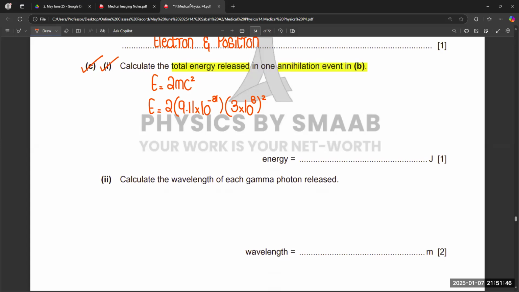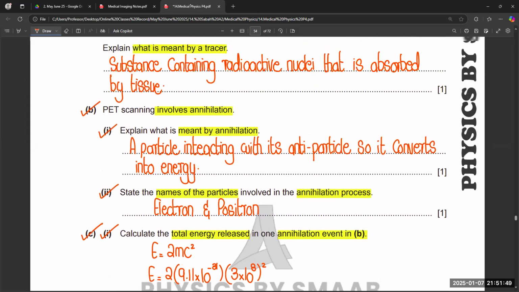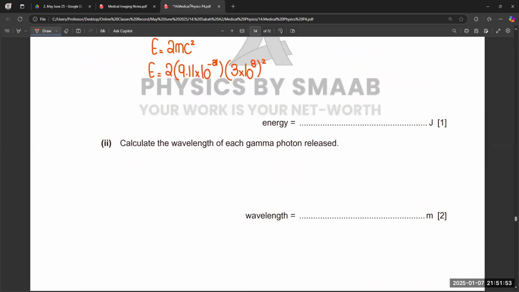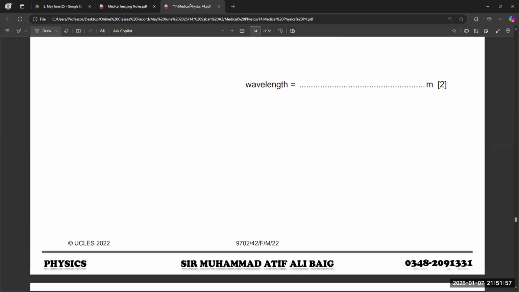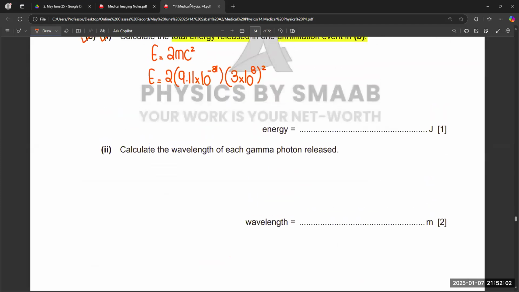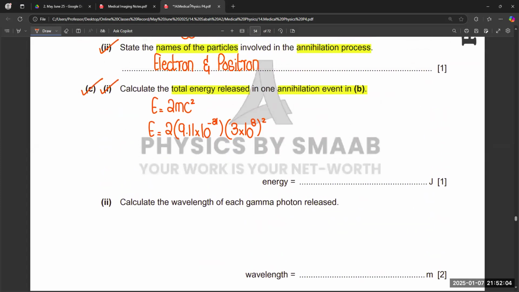Okay. And further, they are asking about the wavelength of each gamma photon released.